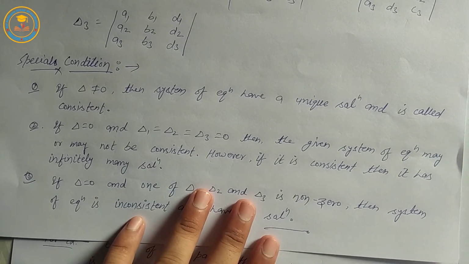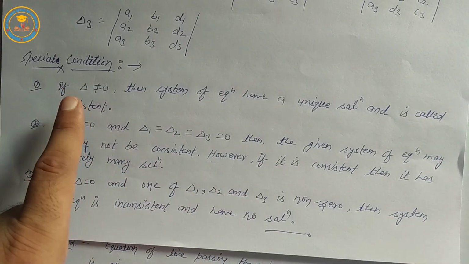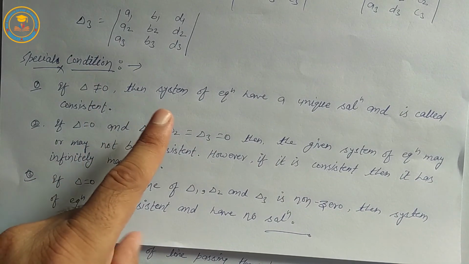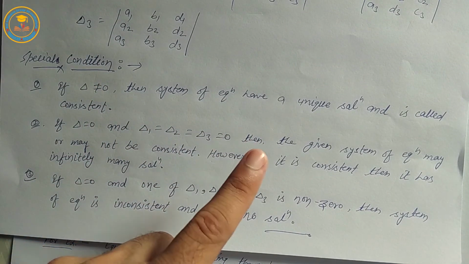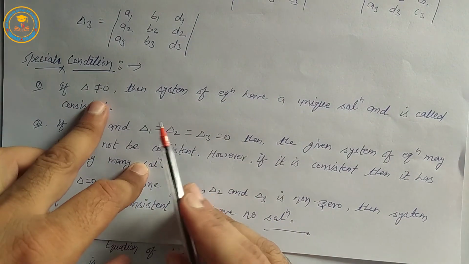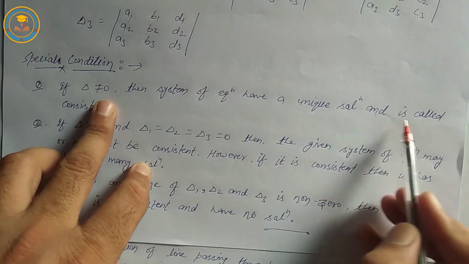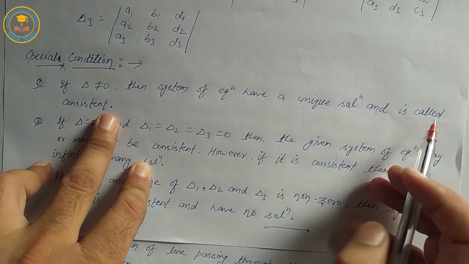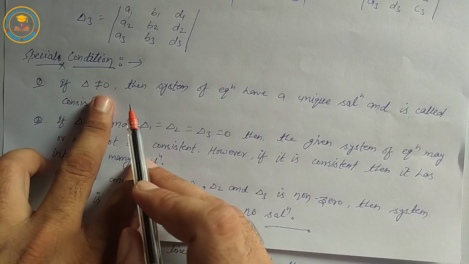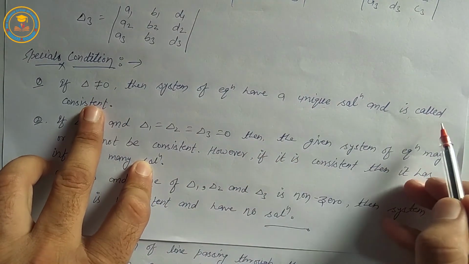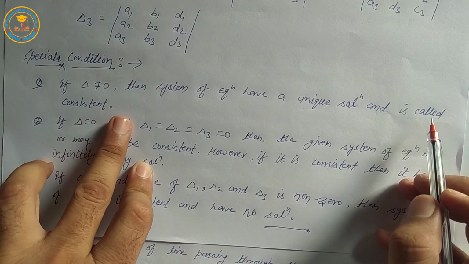Condition first: if del is not equal to 0, then the system of equations has a unique solution, and it is called consistent.